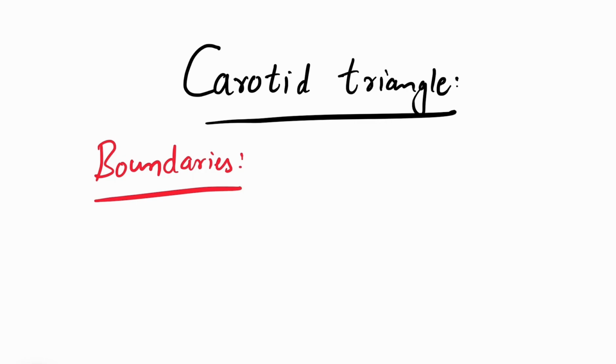Okay, so first let us discuss the boundaries of the carotid triangle. Basically this carotid triangle is one of the parts of the anterior triangle of the neck.